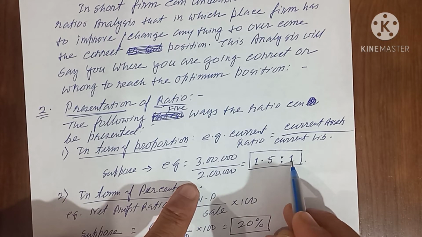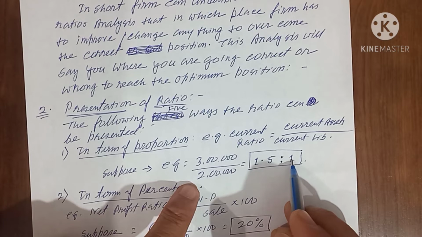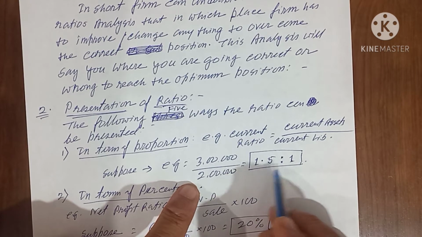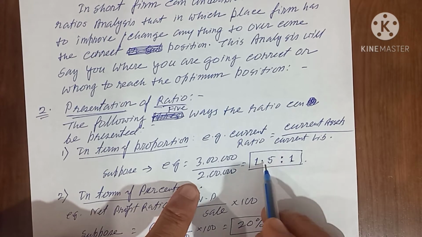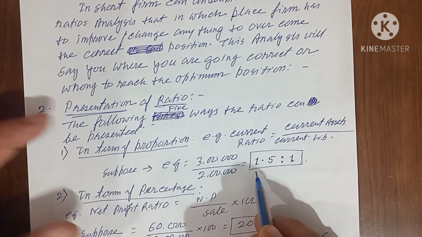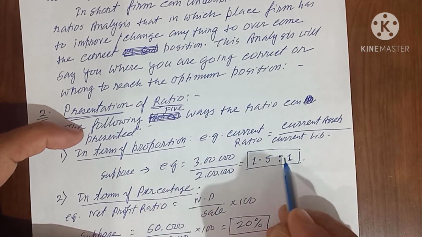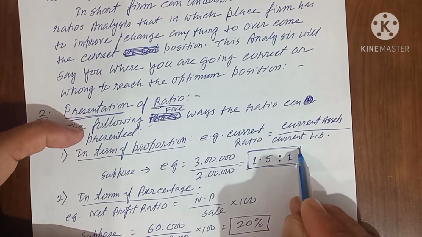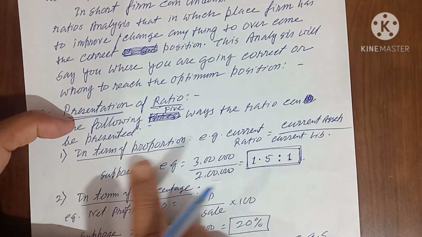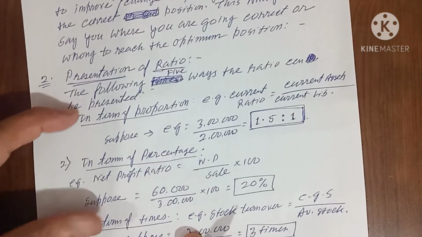That means if liability is 1 rupee, then current assets will be 1.5 rupees, meaning 1 rupee 50 paise. If liability is 2 rupees, then it will be 3. If it is 3, then it will be 4.5. If it is 4, then it will be 6. If it is 2 lakh, it will be 3 lakh. So this is one way to express the ratio. What is the name of this way? In terms of proportion. So in terms of proportions the ratio can be expressed.